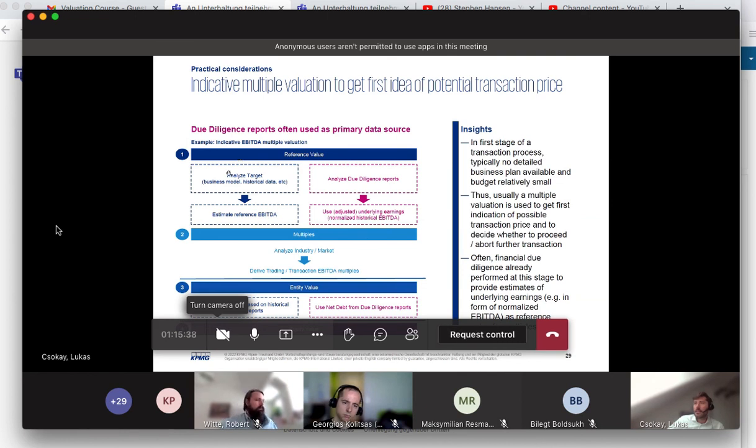It's basically just a source that you could use: the due diligence report, which is often performed in a transaction, for a first valuation for this transaction. So that we just use the EBITDA from the due diligence report and multiply it with EBITDA multiples and come up with equity values in the end.